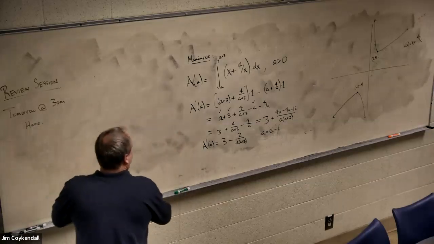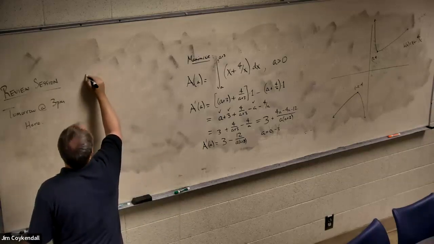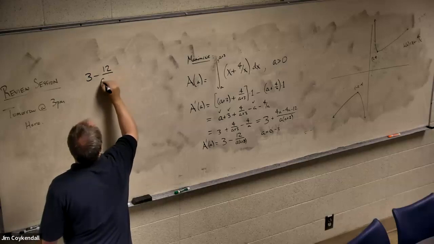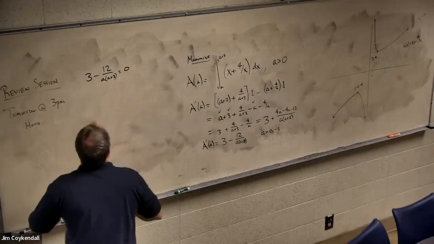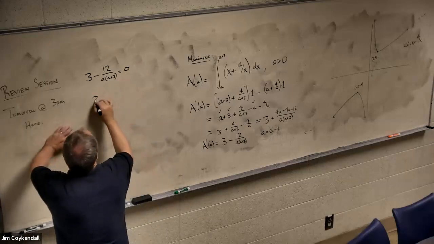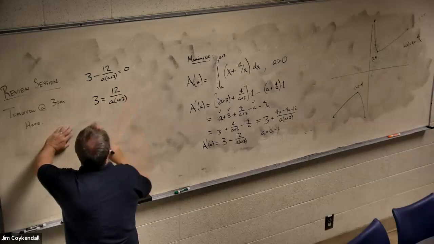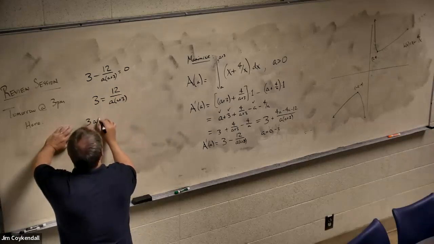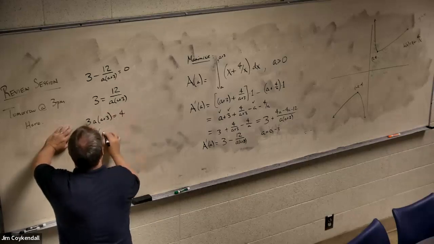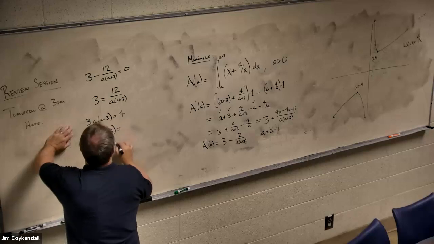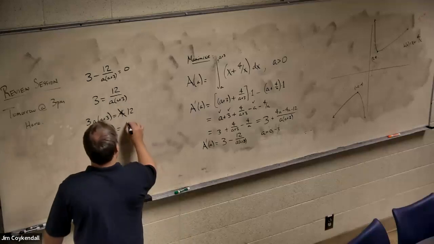So set this equal to 0. And I get 3, 12, A plus 3. So 3 A plus 3, 4 A plus 3, 12, is equal to 4.